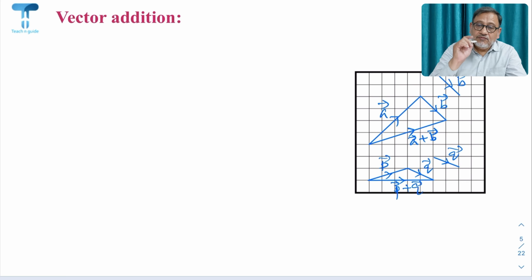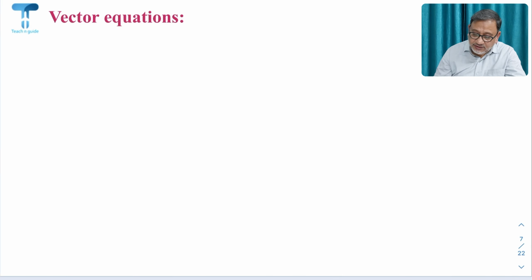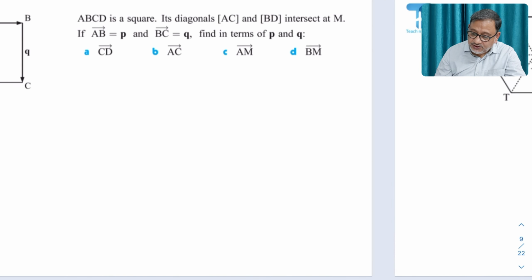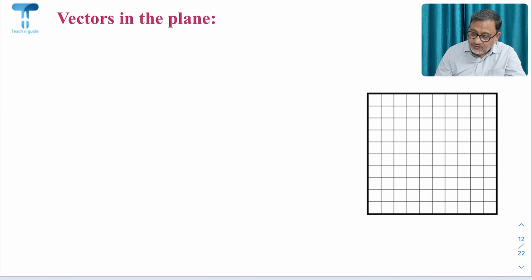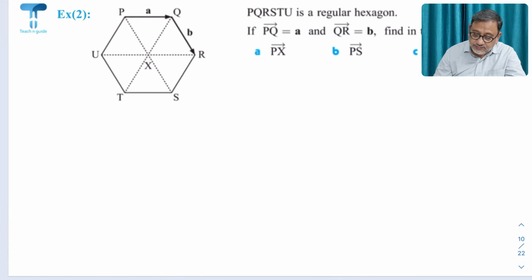Where one vector ends, you have to draw the second vector at that position, and like that you can add any number of vectors. Look here, it can also be any diagram. Suppose I take one grid. This grid I will copy on that page.